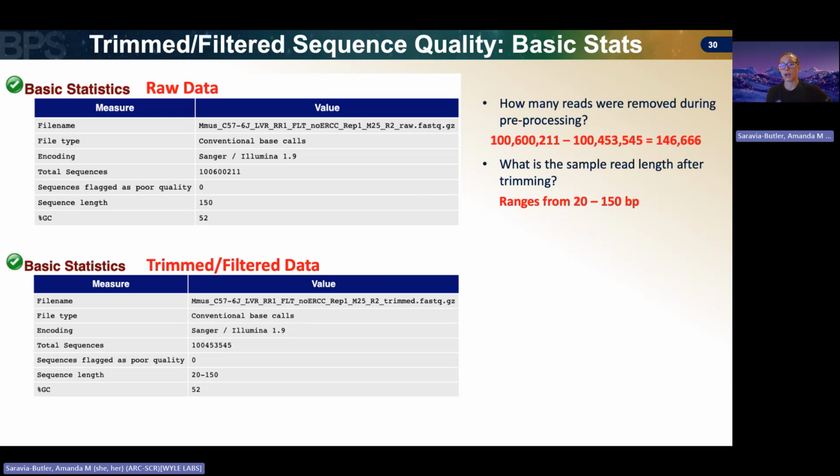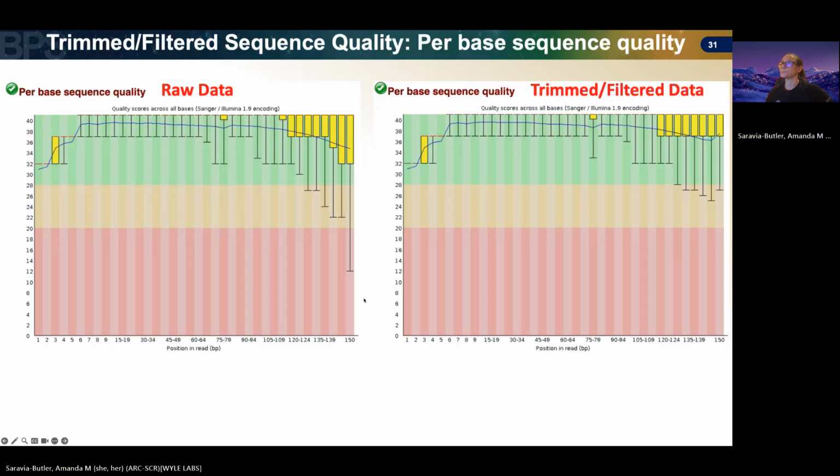Because we set a cutoff of 20 base pair read length. So if it was less than 20 base pairs after trimming, it would have gotten removed. So that's why the lowest we see now is 20, and the maximum read length is not going to exceed the read length in our raw data, which was 150. So that's why we see that range here.